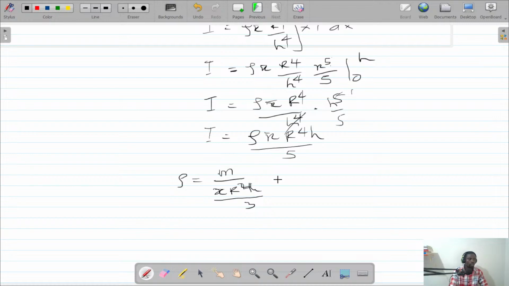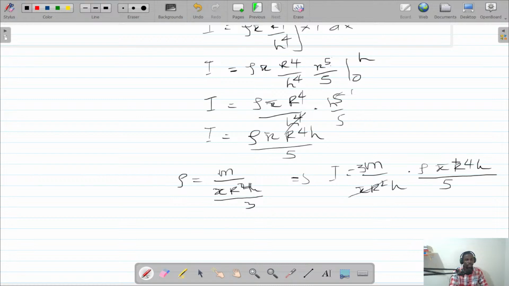So that implies I is equal to 3m over pi r squared h multiplying pi r power 4 h all on 5.